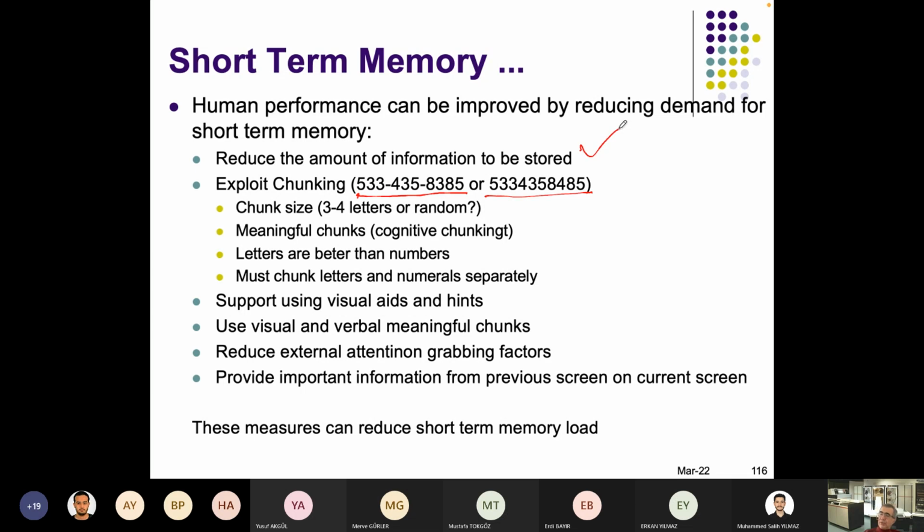Second, try to use chunking. This is one example. Chunk size is usually 3 letters, 2 letters, or meaningful is better, such as if you have a license plate like this, it is easy to remember because there are other associations.